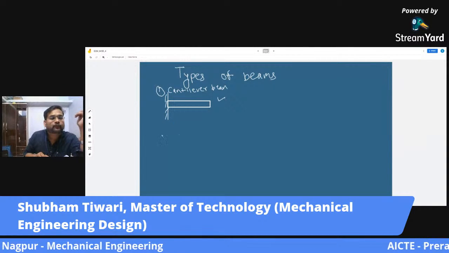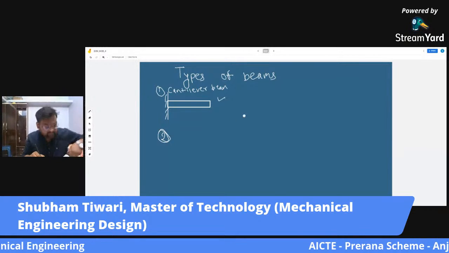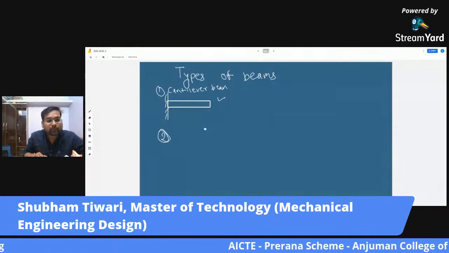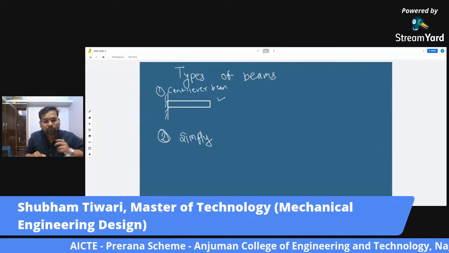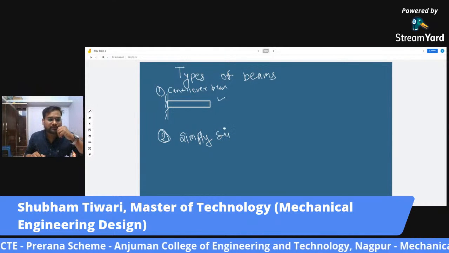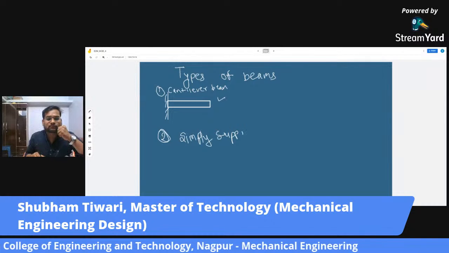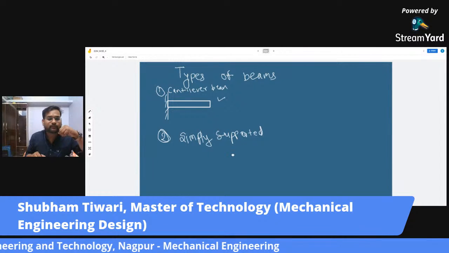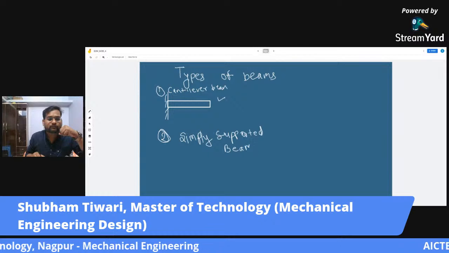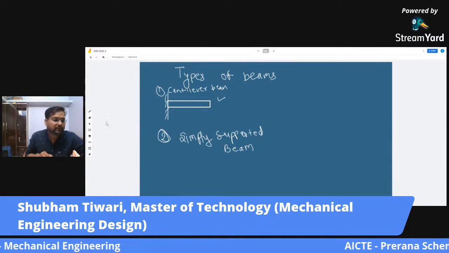Then the second one we have is simply supported beam.